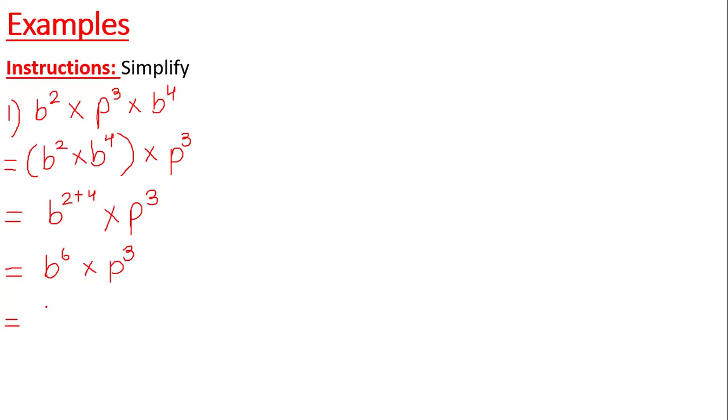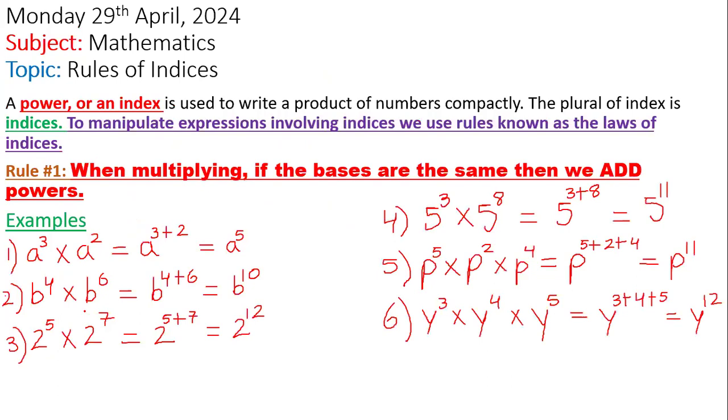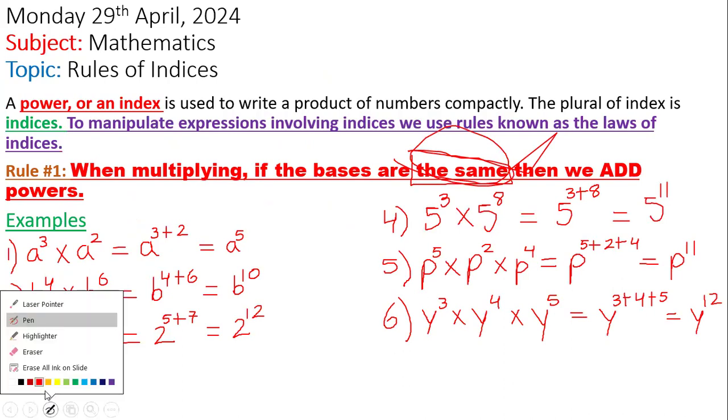Okay, so actually what we're gonna do is this is b to the power of 6 and p to the power of 3, and then we're finished. The reason we're finished is that if you remember the first rule, it says when multiplying, if the bases are the same, then you add the powers.